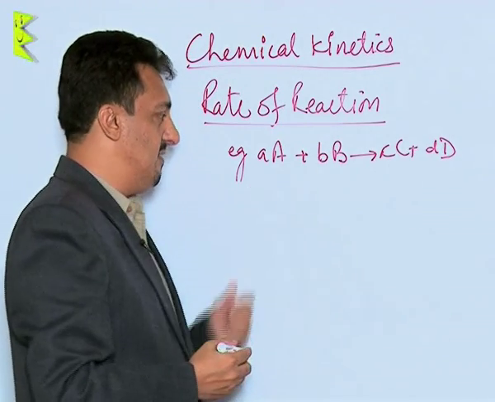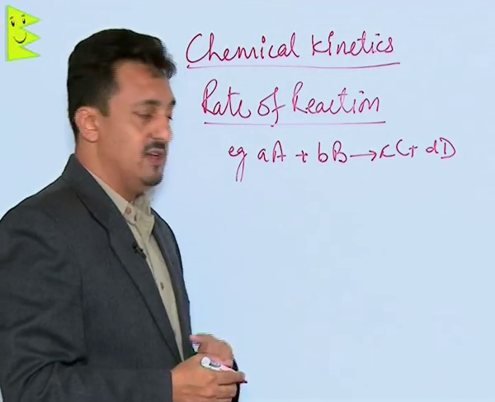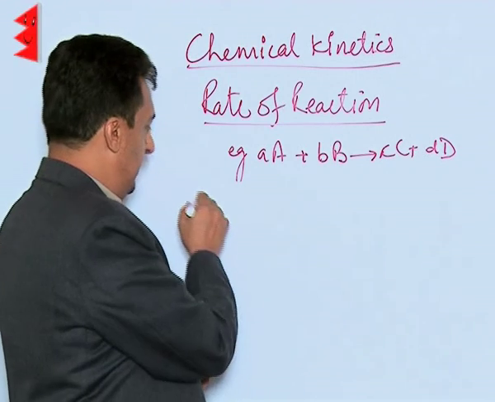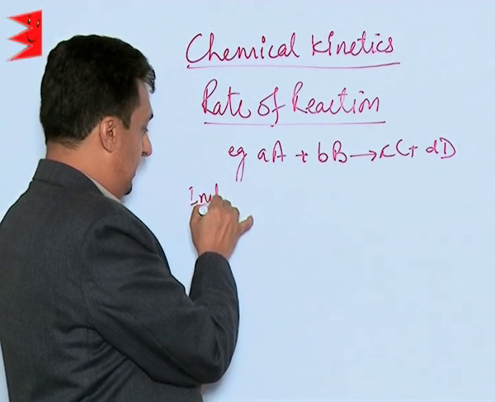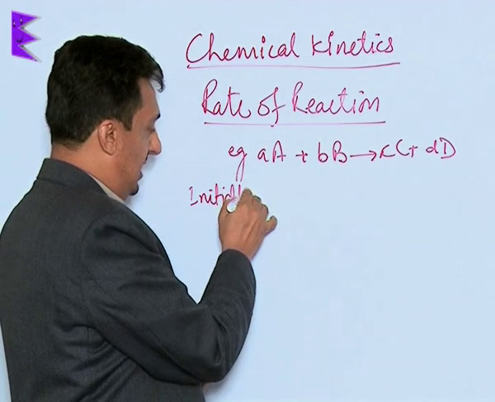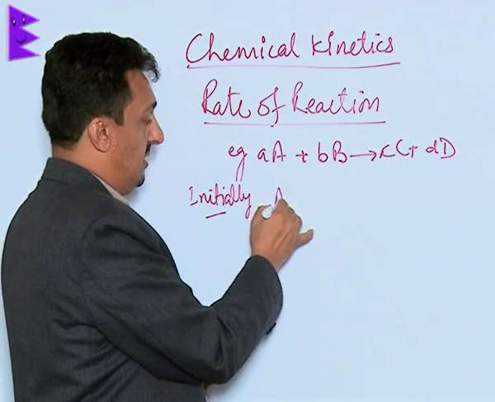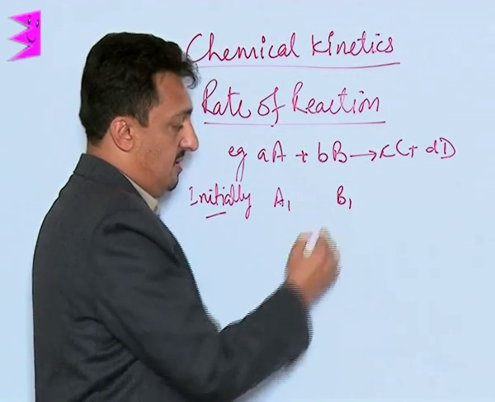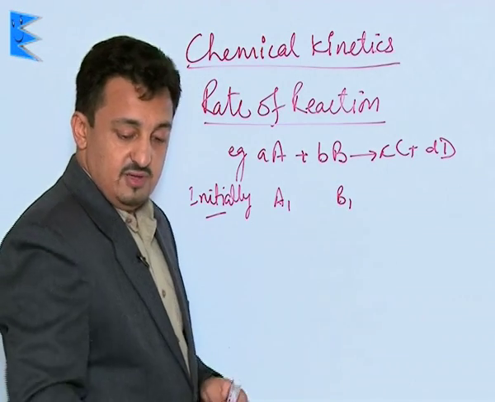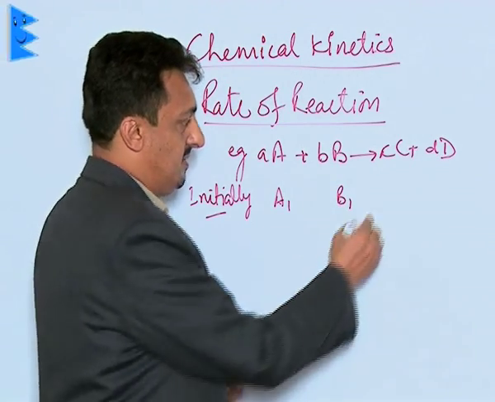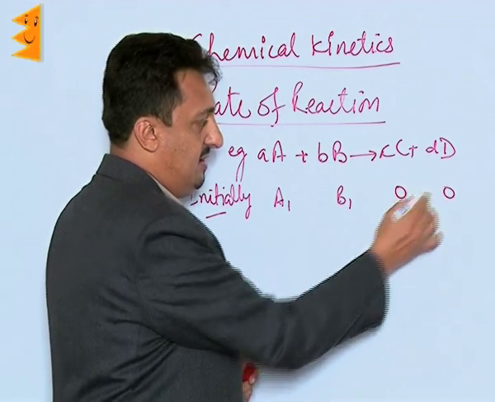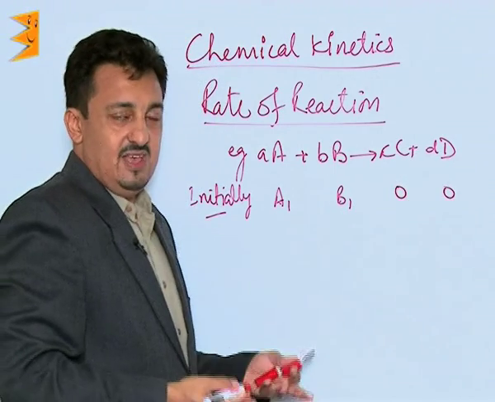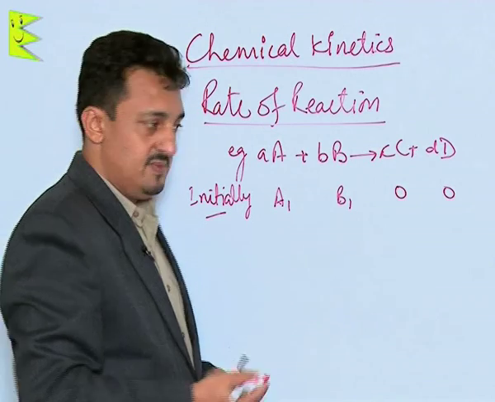A reaction proceeds can be explained by taking a simple example, in which a moles of A combines with b moles of B to form d moles of D. Let's take initially A1 as the concentration of the reactant A, B1 as the concentration of the reactant B, and C and D formed are 0 and 0 because initially there were no products.